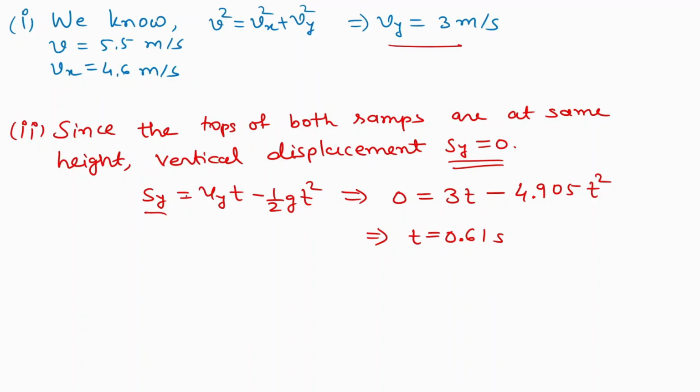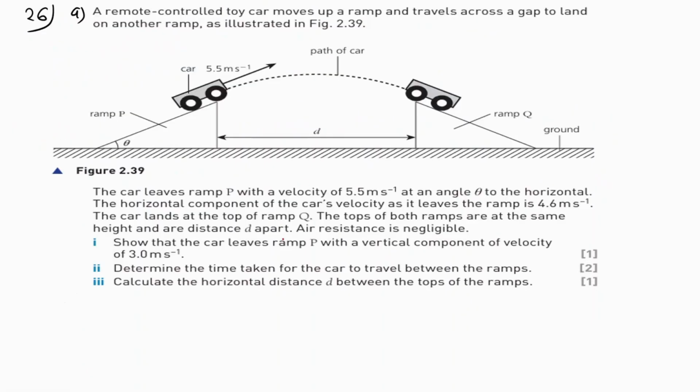Why is sy 0? The height is the same. We also know ux, but we don't know sx. They gave us d, but we don't know its numerical value. I hope you get the point. So this is question number two.